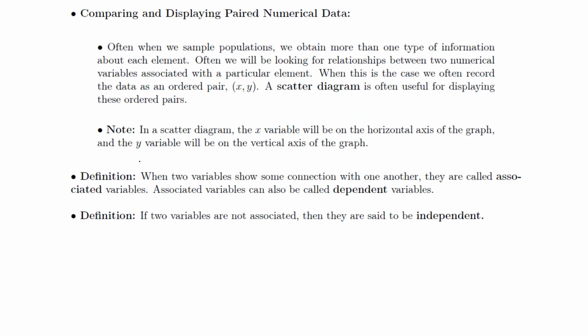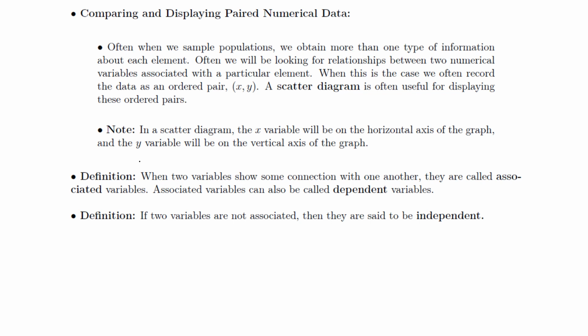All right, last little topic for this video. So we're going to be looking at when we take numerical data, right? We've, for a few videos in a row here, been really focusing on numerical data. So now we're going to be taking numerical data and looking at it when it's paired up with another numerical variable. Okay?